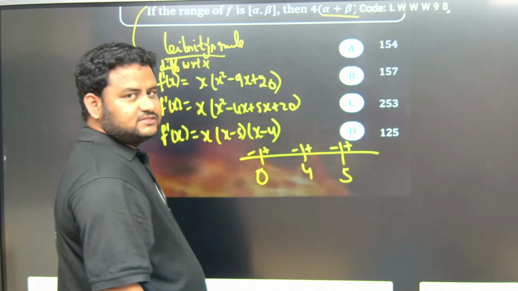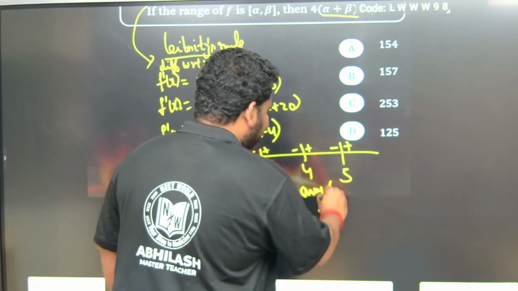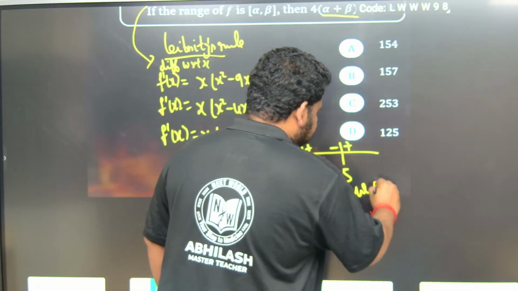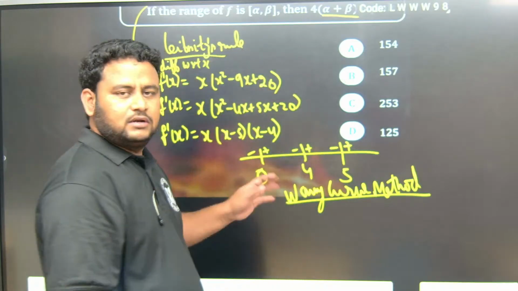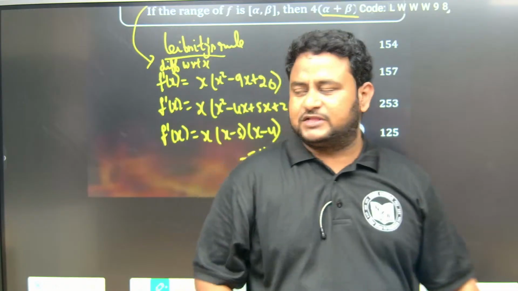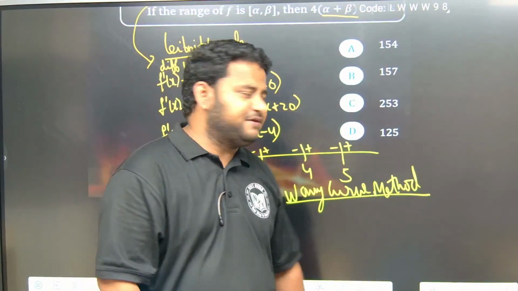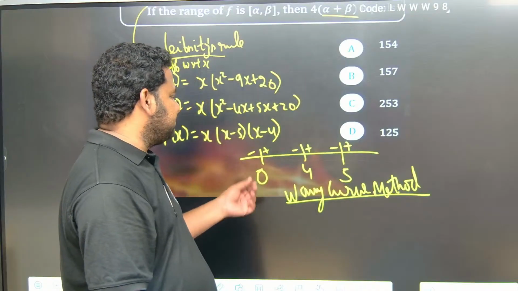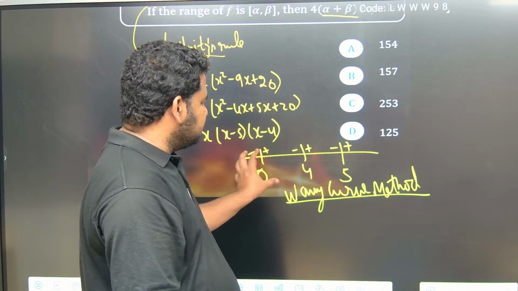This is the wavy curve method. This concept is from the basics; you would have learnt it, and I will come back with the basic series where you will understand a lot of concepts. The function splits at 0, 4 and 5, so we have to check these points.